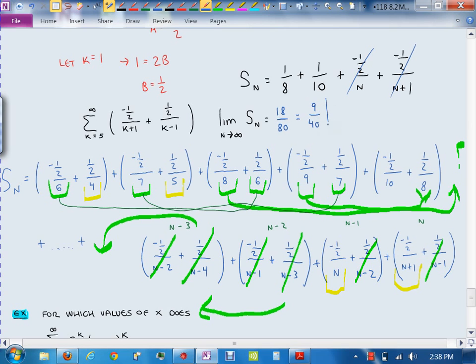I think that's reduced. 9/40ths. What do you think? Questions?